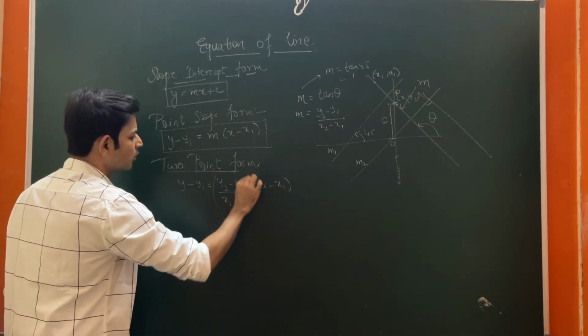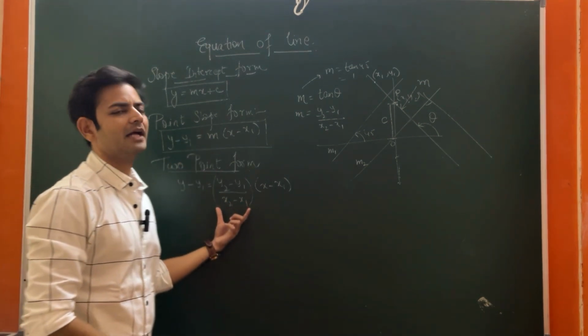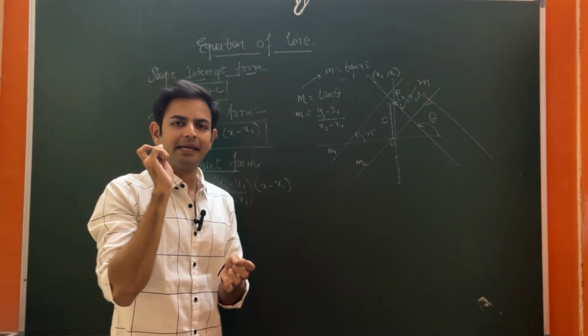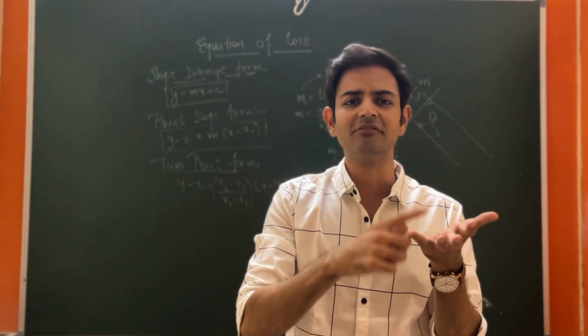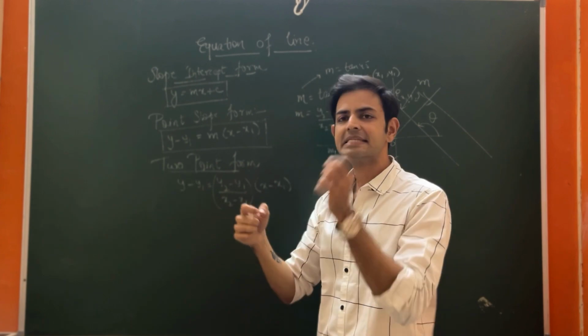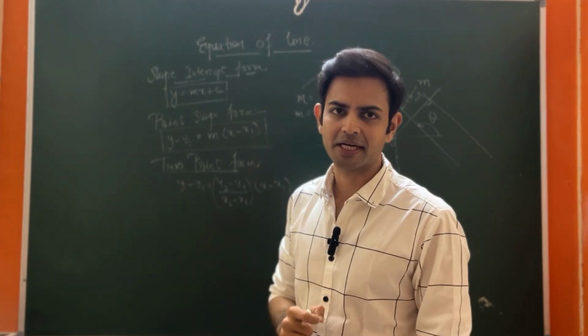If you see this closely, this is very similar to this one, only instead of m, we have to find out the slope now. Now, remember in the exam, the points that you take x1, y1 for the slope, the same points you have to take for x1, y1 as the point.